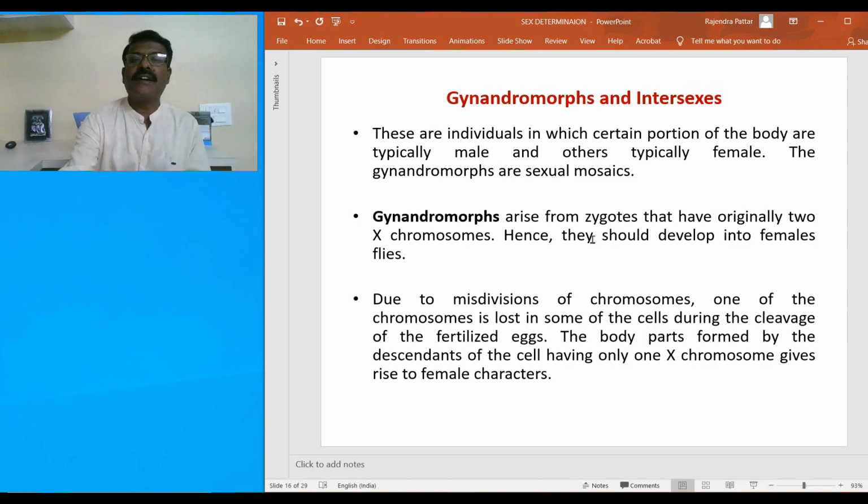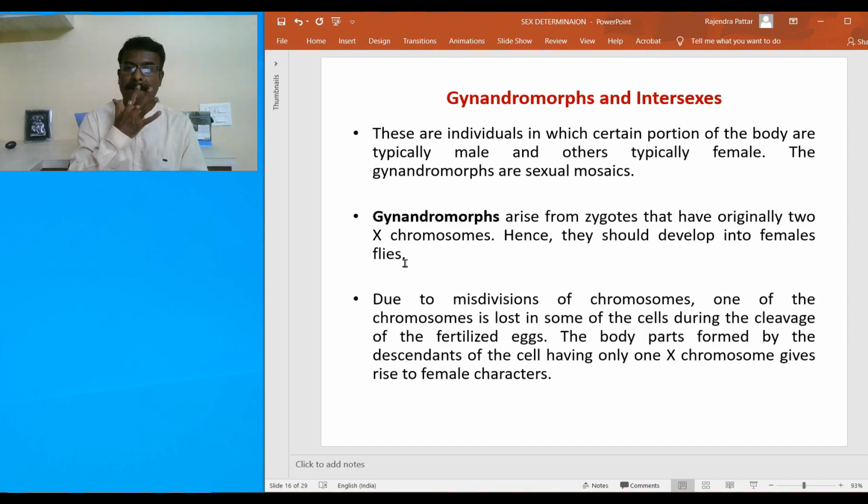Basically, gynandromorphs arise from a zygote having only 2X chromosomes. When they are present, obviously it has to develop into female flies only. Again, we are referring to this gynandromorph case in Drosophila.